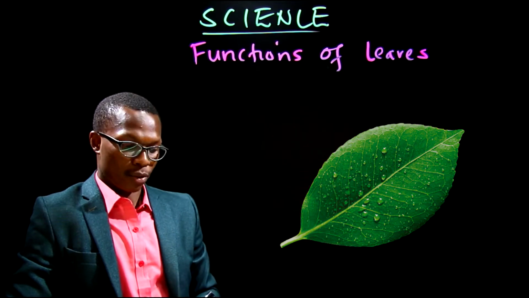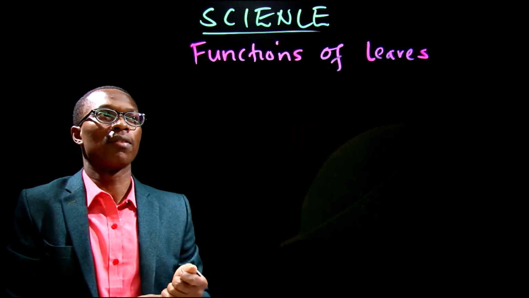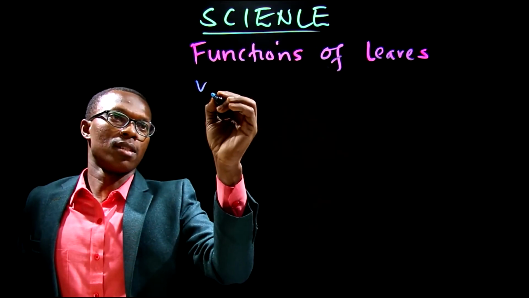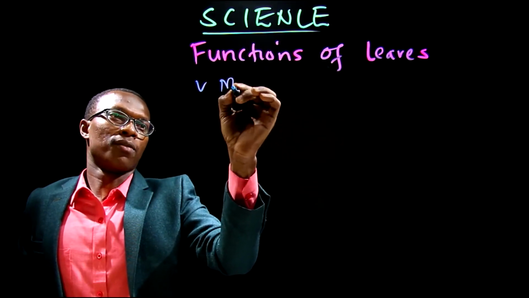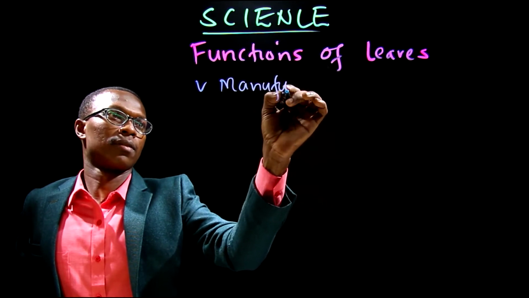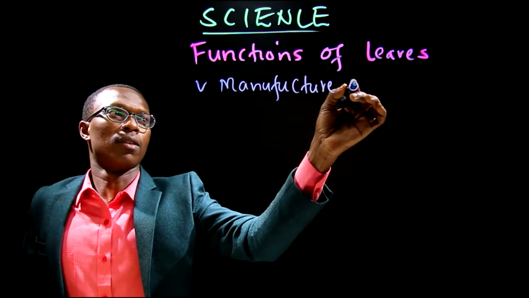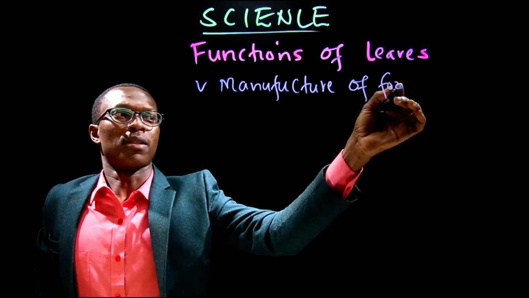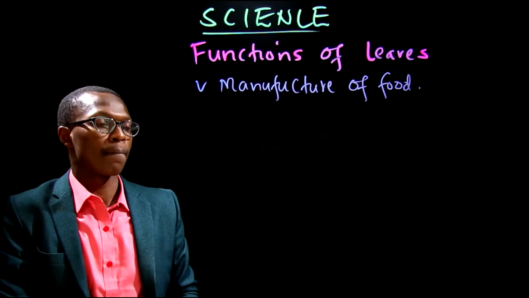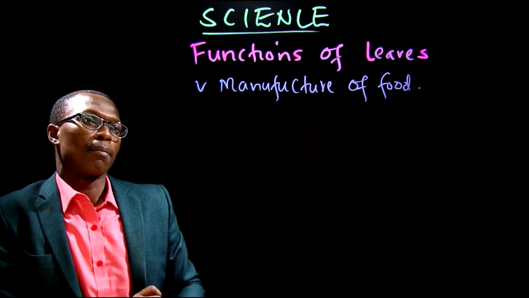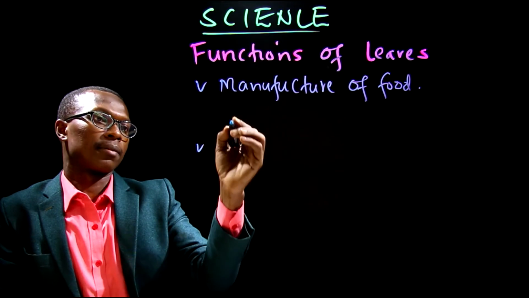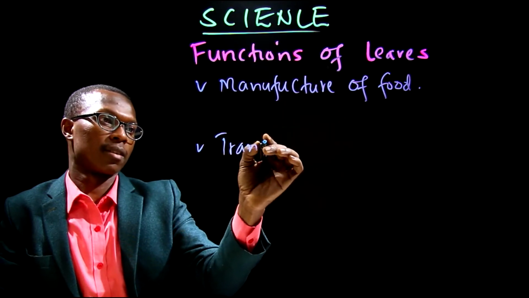Now that brings us to the first function of a leaf, which is manufacture of food, or manufacturing food. The second point is transpiration.